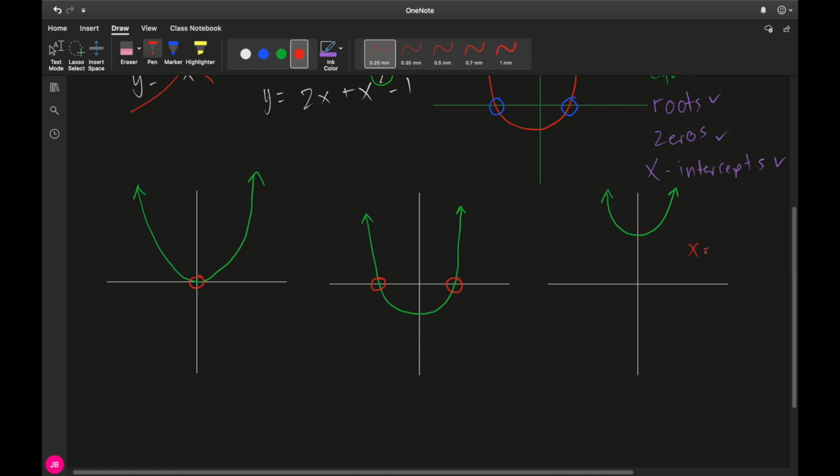So x-intercepts is none. So it has no x-intercepts. Why is it then that I told you that each parabola has two solutions? Well, the reason for that is because this one has a repeated solution. This one does have the two real solutions.